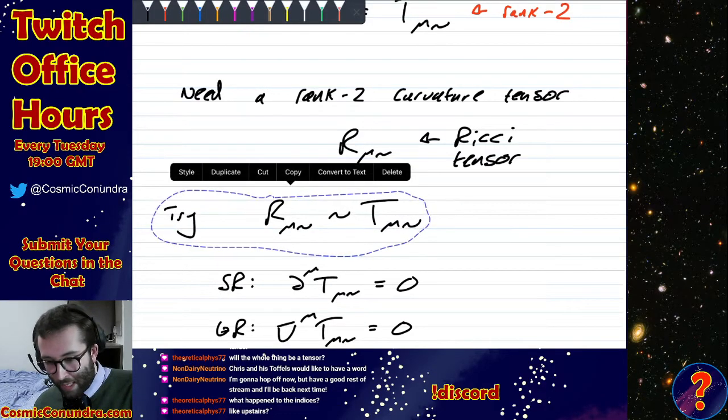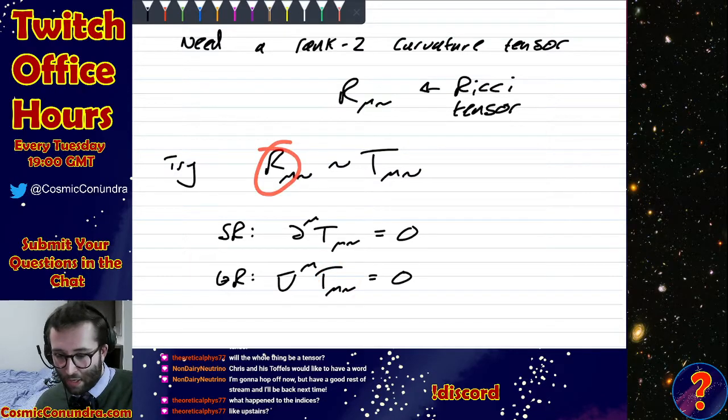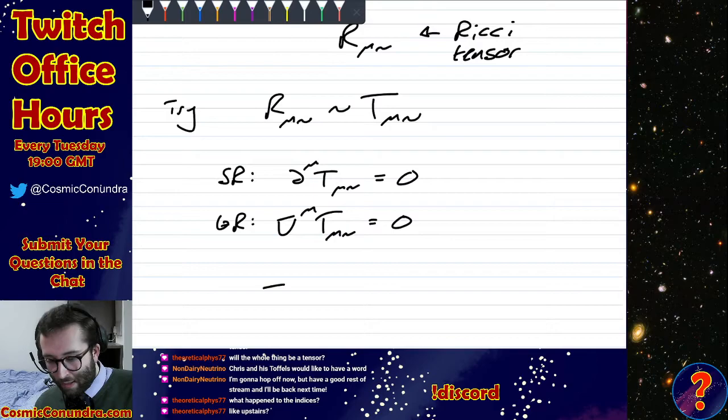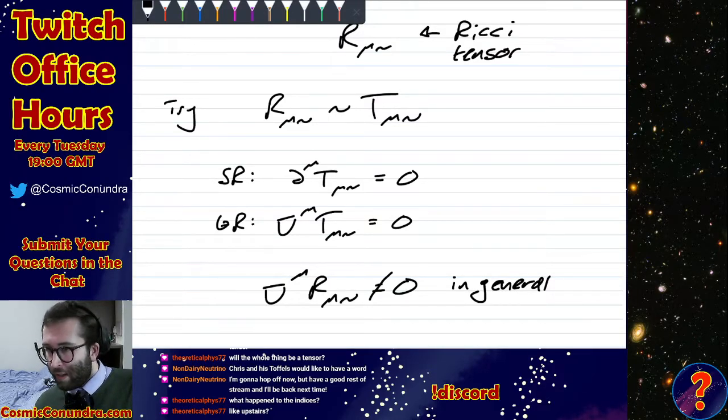But of course you expect now, if the covariant derivative of T mu nu is 0, and that is equal to R mu nu, that must mean that the derivative of R mu nu should also be 0. But it turns out it's not in general. There are some spacetimes you can quite easily make that don't have this property, that this derivative is 0.